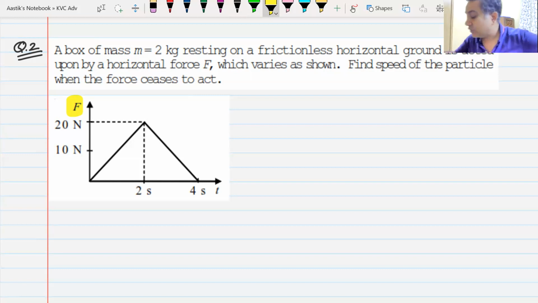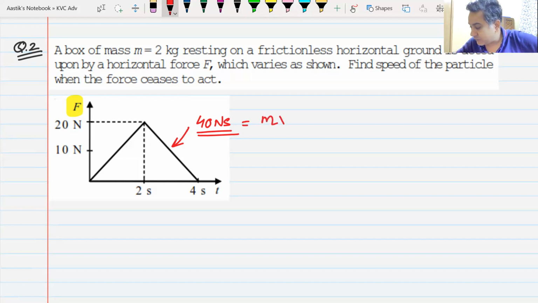So what is the area under this graph? Half into base into height. So how much is the area? 40, yes or no? 40 newton second. So that must be equal to change in momentum. Final momentum is m into v.